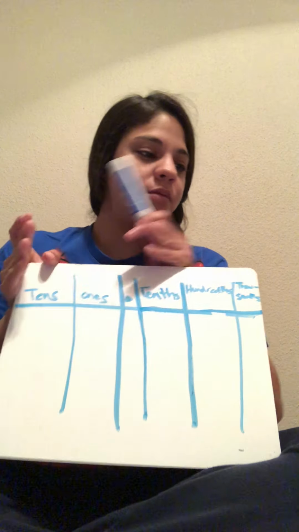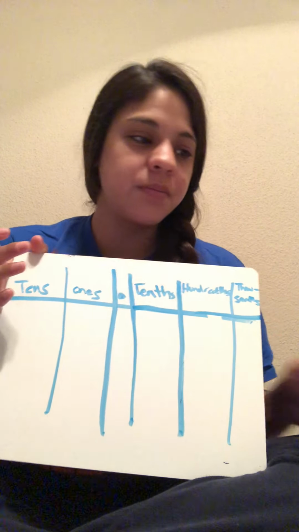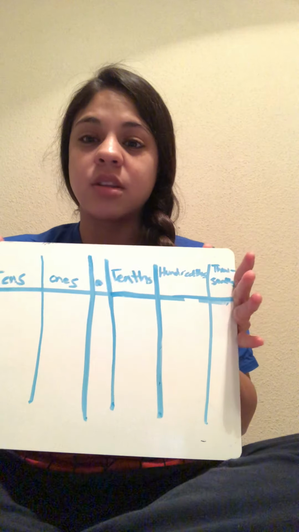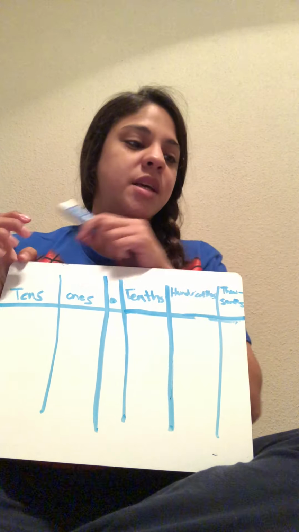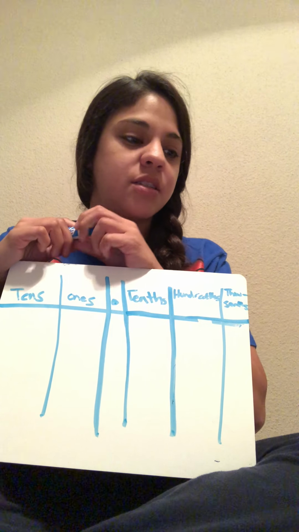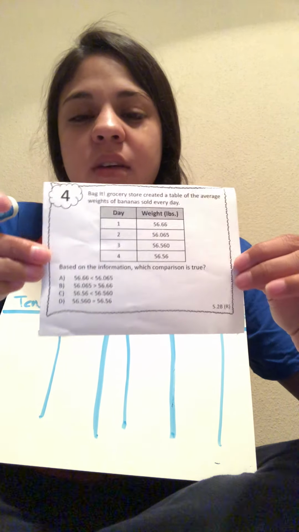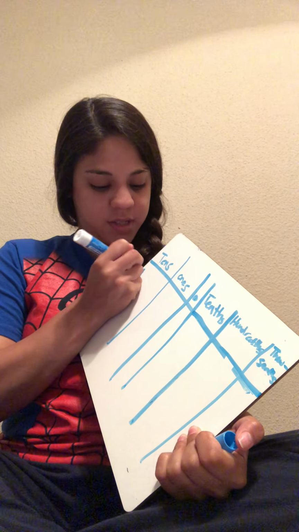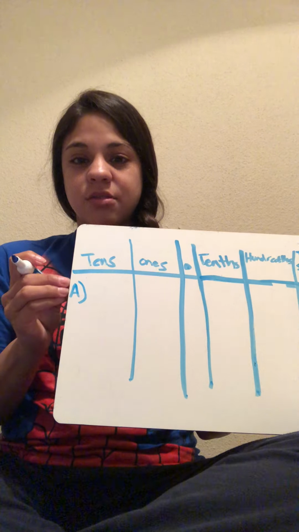All right, so for the sake of this video, I am gonna go over one of the do now questions, and it says based on the information which comparison is true, and it's number 4. Okay, so we're gonna start with A. If I have to compare more than one answer choice, I always put my answer right here next to it, and then I put my numbers.